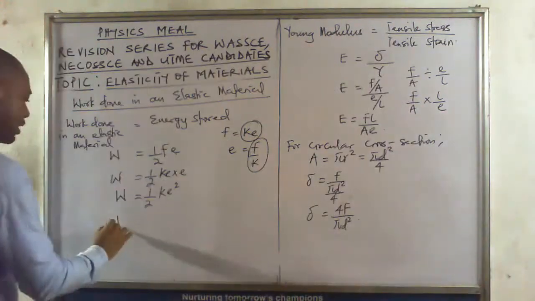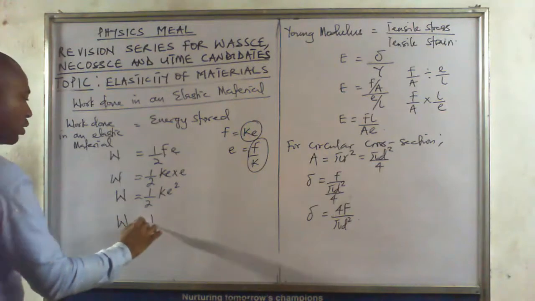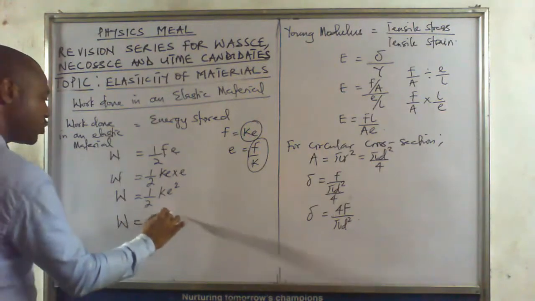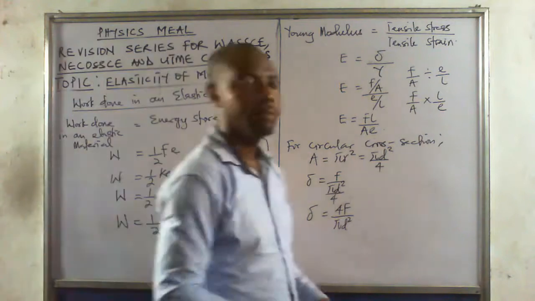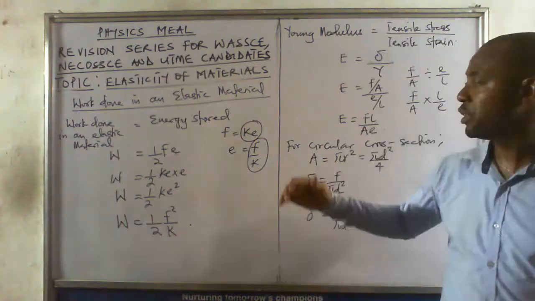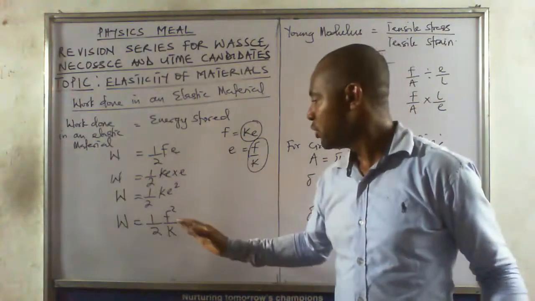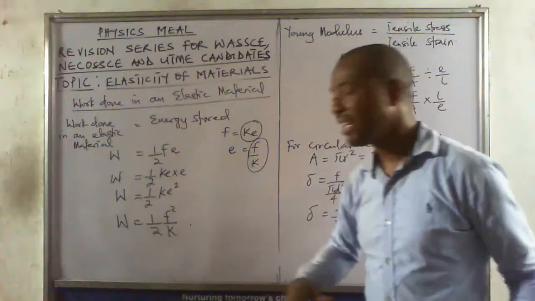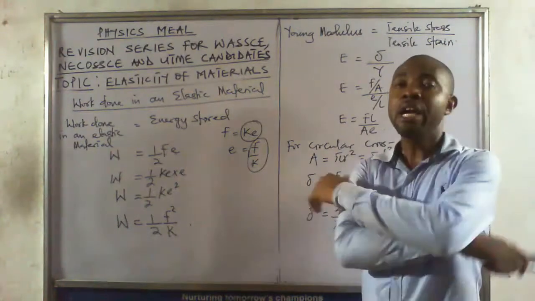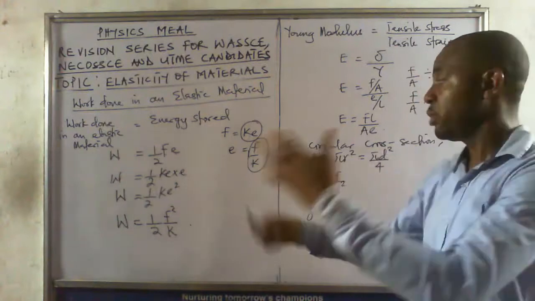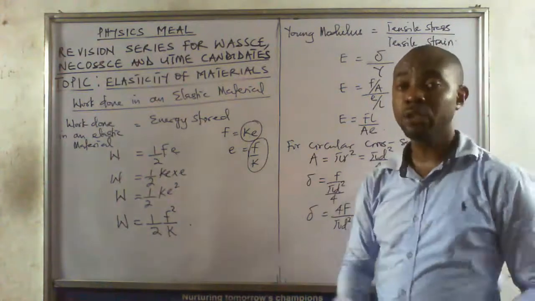I'm going to have a third expression that work done is half F squared over K. So how many expressions can we use now? 1, 2, and the 3, depending on the variables that are available in the equation given to you. That's what will determine the expression that you are going to use.